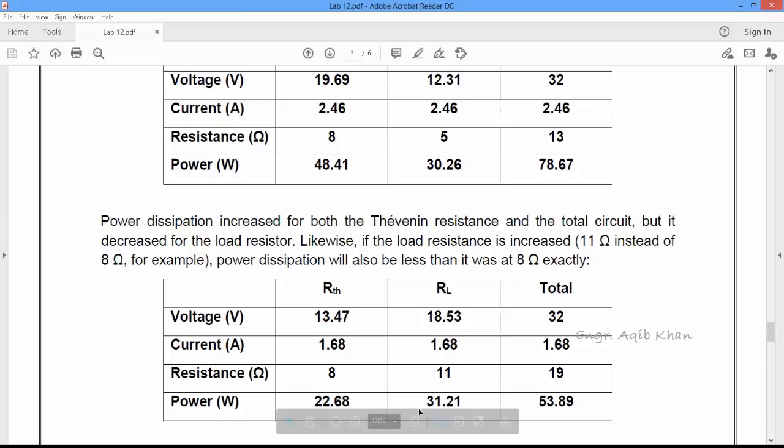When RL is 11, then PL is 31.2 watt and power dissipated across R Thevenin is 22.68, and the total power is decreased, which is 53.89.